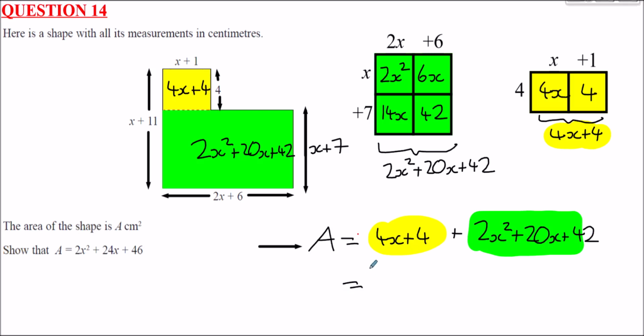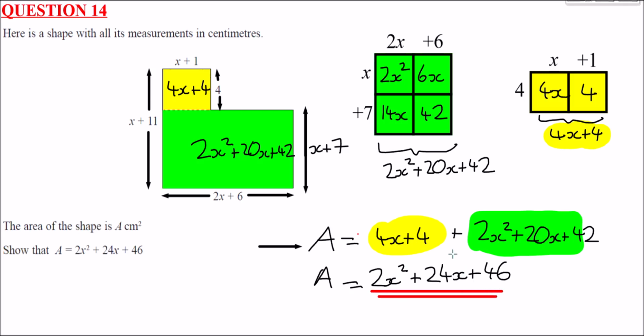So now it's just a case of simplifying down. How many x's do we have? Well, we've got 2x squared there. 20x's plus 4x's gives 24x. And finally, for units, 4 plus 42 gives 46. So we've shown step by step how the area is 2x squared plus 24x plus 46.